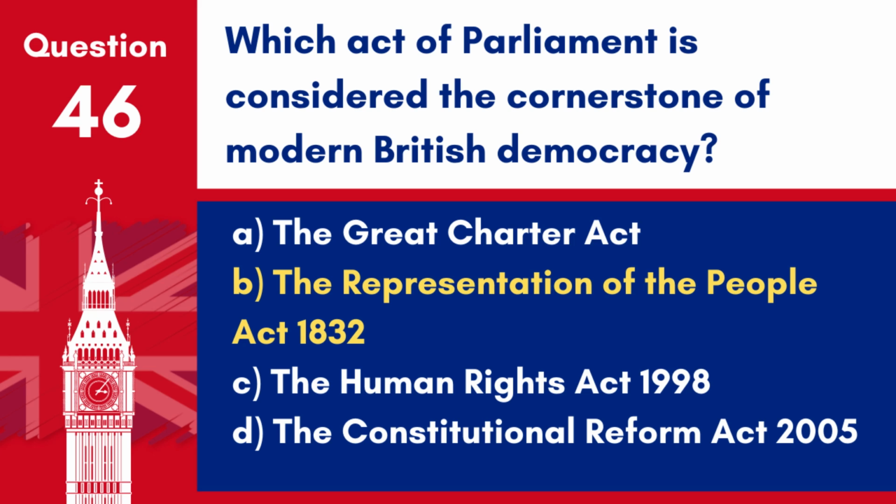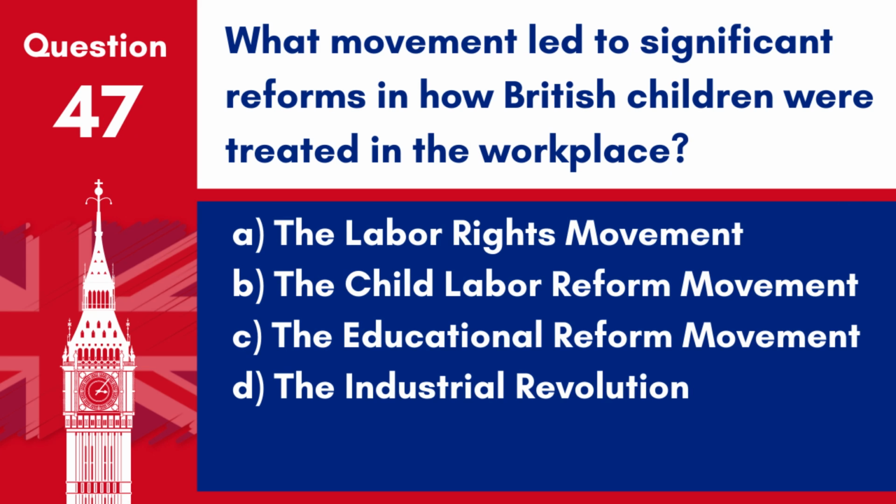Answer. B. The Representation of the People Act 1832. This act, also known as the First Reform Act, expanded the electorate and is considered a cornerstone of modern British democracy.